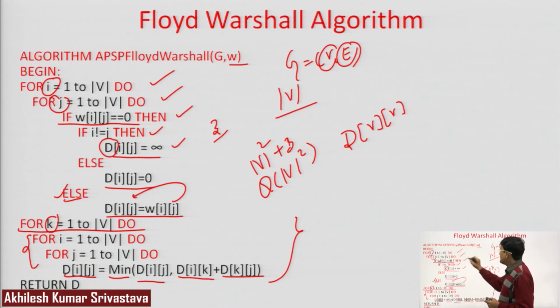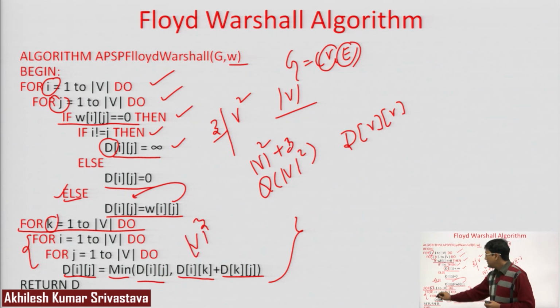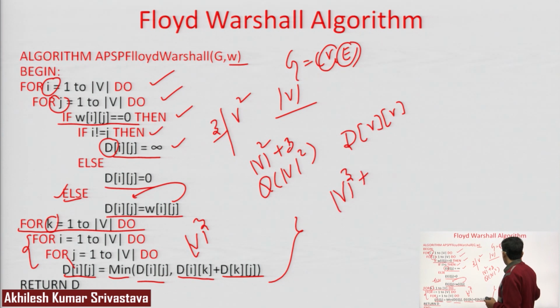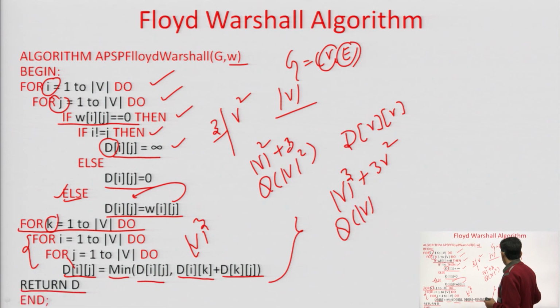So, 3 statements are inside this loop. V square is the complexity here and V cube will be the complexity of this loop, because there are 3 loops. So, total complexity has become V cube plus 3 V square, and for this you can write theta of V cube as the time complexity.